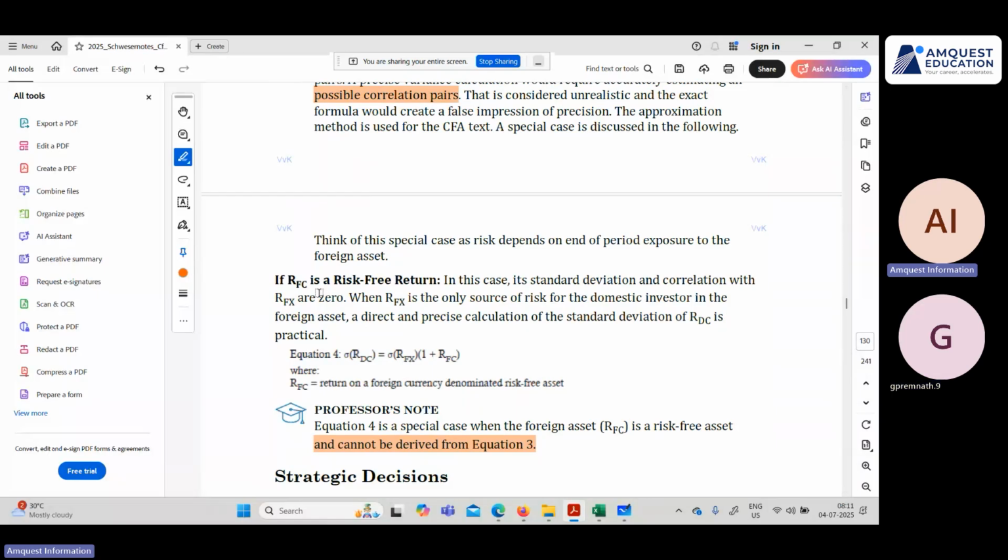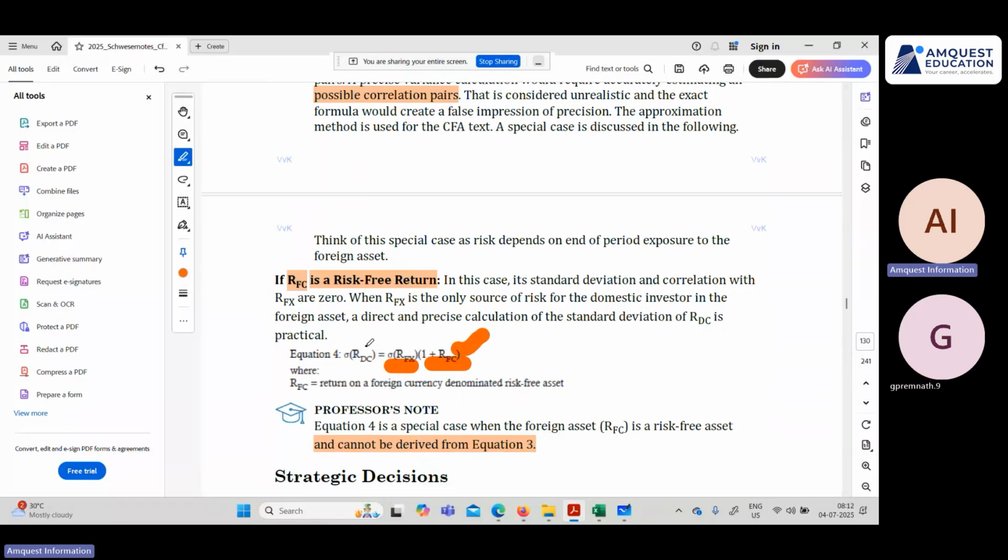But if one of the returns is a risk-free return, then the equation only translates to the sigma of FX multiplied by the return of that currency. I was trying to derive that from the previous equation, but the book explicitly says that it cannot be derived from it. So putting in a 1 or 0 would not help.